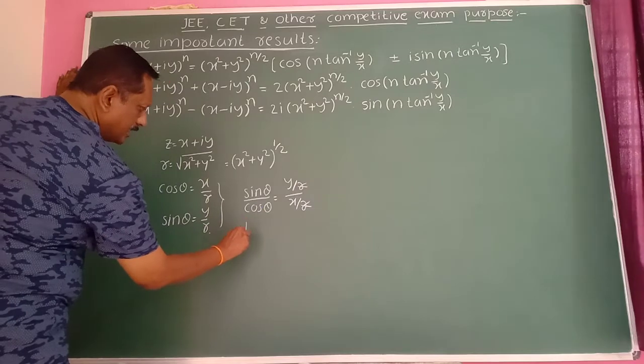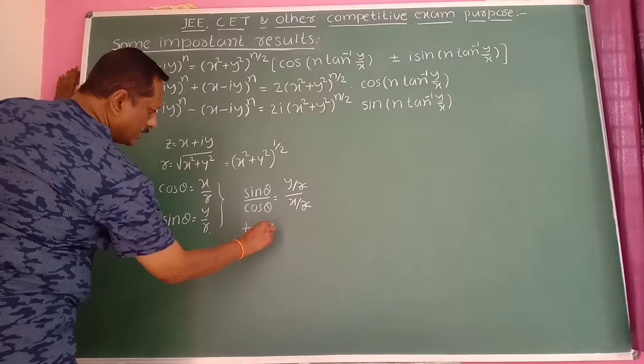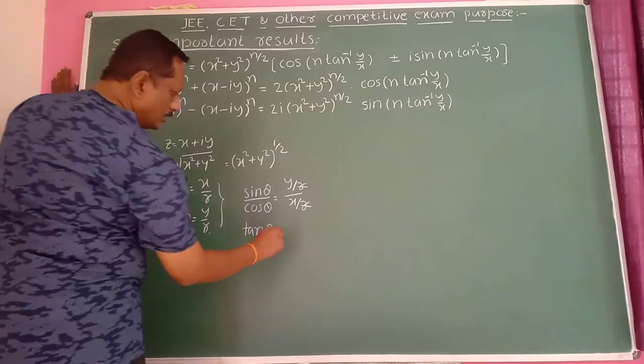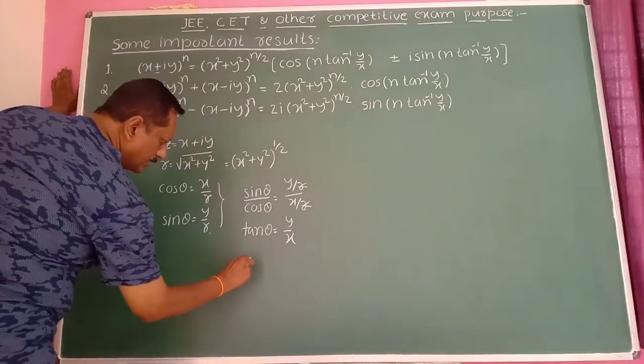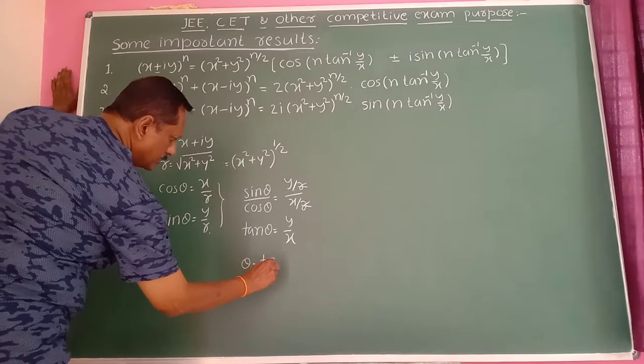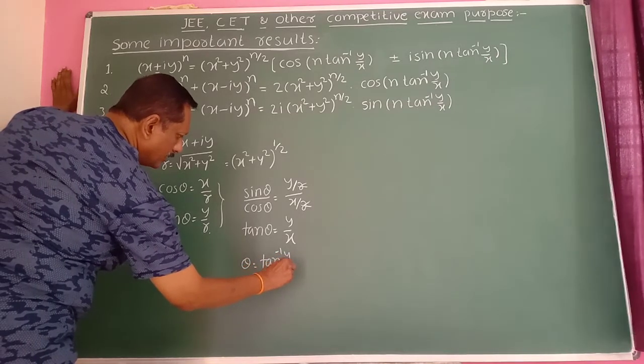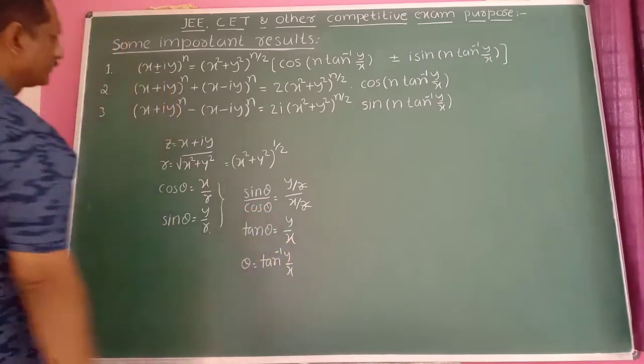Sin by cos is tan theta. So tan theta is equal to y divided by x. Therefore theta is equal to tan inverse of y divided by x here.